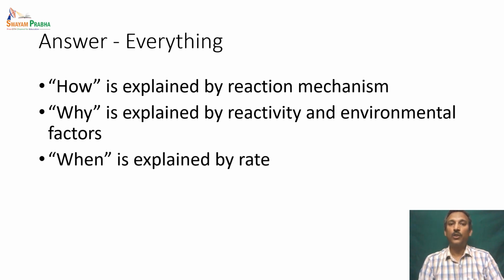Then the next one to answer is when a product will be formed. This is basically explained by the rate of the reaction. That is, energy of activation of a particular reaction decides what product will be formed at what rate. So the rate of the reaction is basically explaining when the product will be formed.